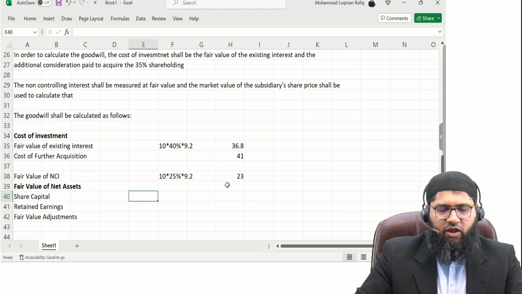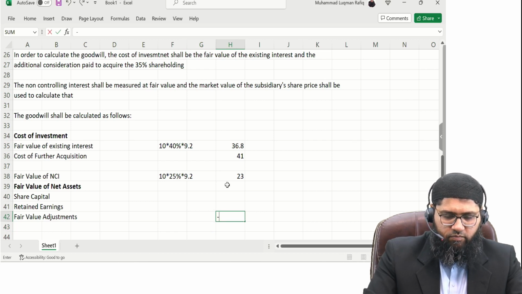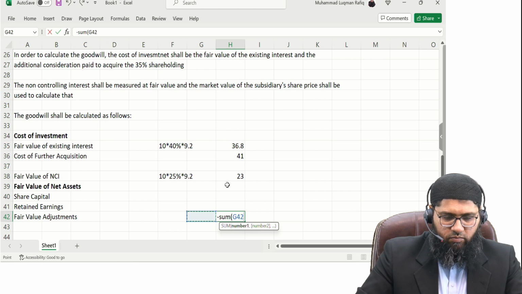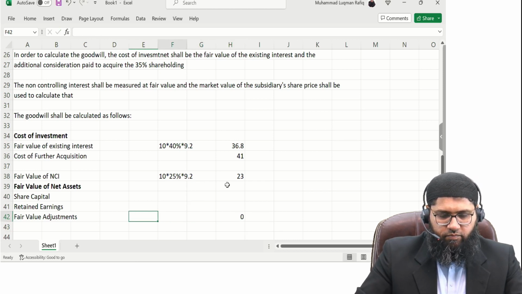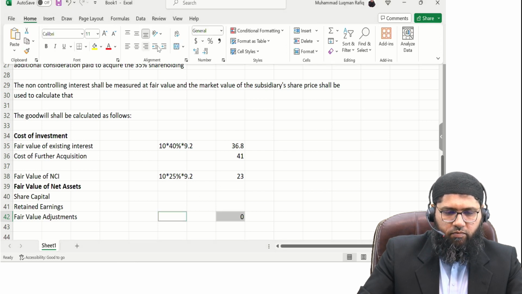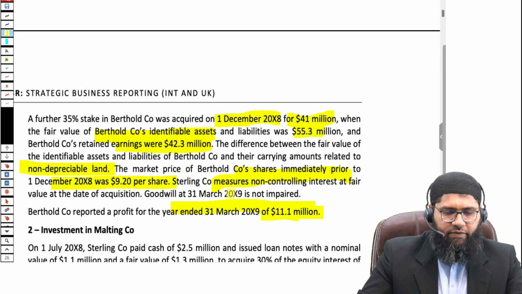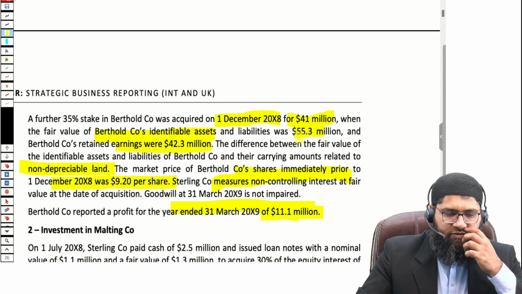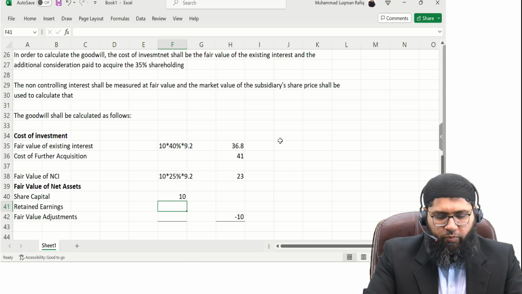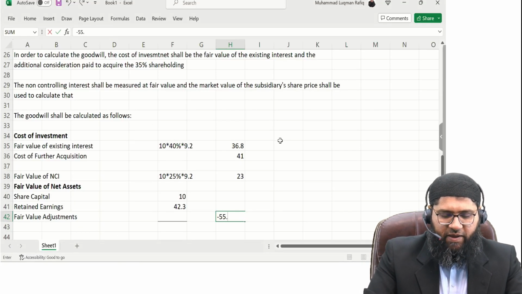With respect to fair value of net assets, although we know what the fair value of net assets are, the share capital is 10 million. The retained earnings at the date of further acquisition was 42.3, and we know that this is going to be 55.3.